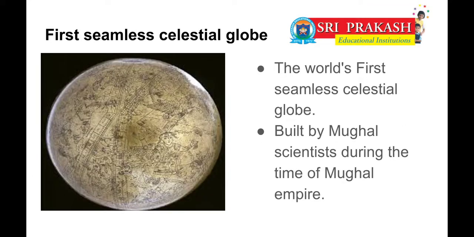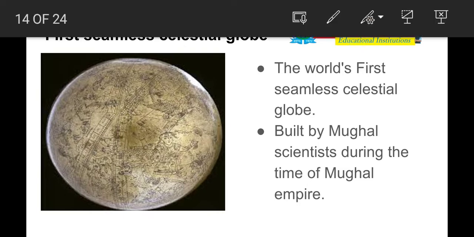And next one here, just you see, children, the first seamless celestial globe. It is the world's first seamless globe. It was prepared by the Mughals, children. Do you know the Mughals? The Mughals ruled our country.